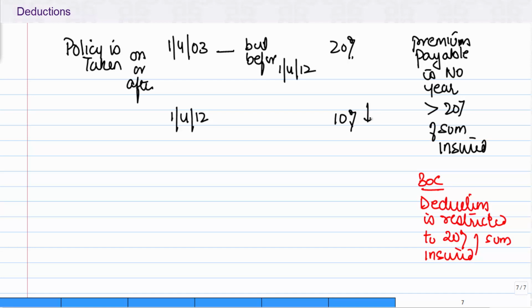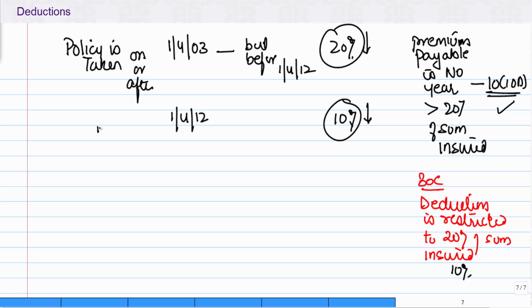So the premium is now reduced, and if the premium exceeds these percentages, then section 10(10D) does not exempt the policy receipt. It now makes it taxable. And 80C restricts the deduction to 20, and of course now it becomes 10. So for policy issued on or after 1-4-12.